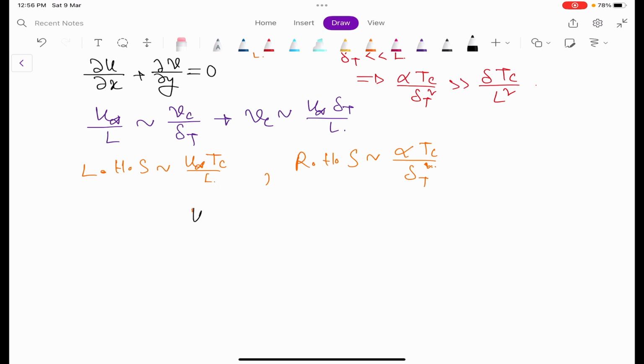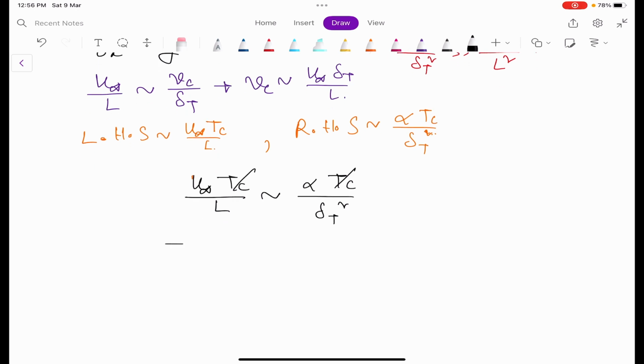So u infinity Tc by L is competing with alpha Tc by delta t square. Tc cancels out. That means delta t square is of the order of alpha L by u infinity, since u infinity will be in the denominator.